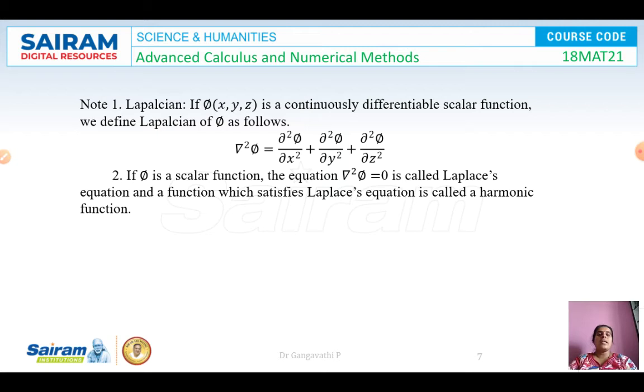So this is the Laplacian of phi. Similarly, if phi is a scalar function, then the equation del square phi equals zero is called the Laplace equation, and a function which satisfies the Laplace equation is called a harmonic function. You will be using this harmonic function and Laplacian in future, even in the fourth semester, we will be using this widely.